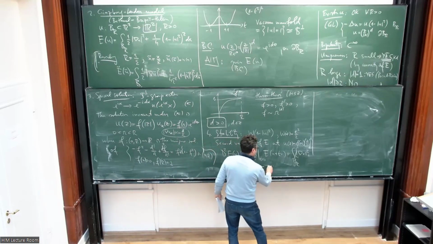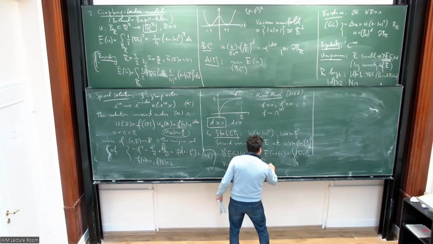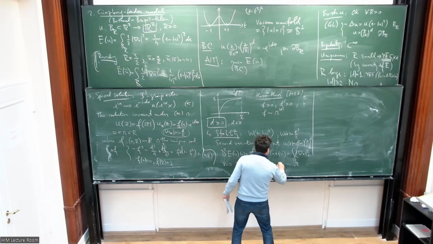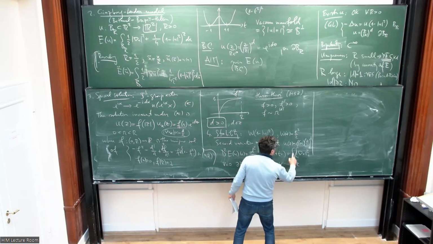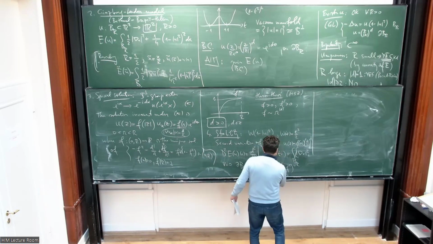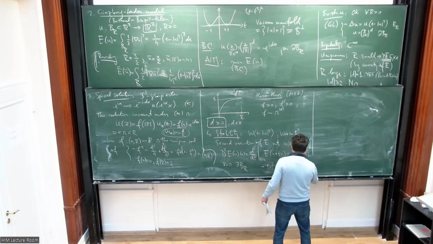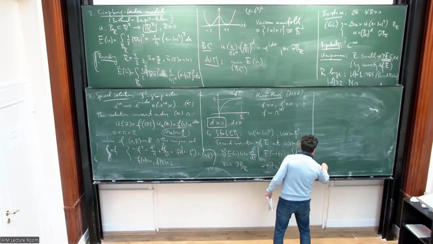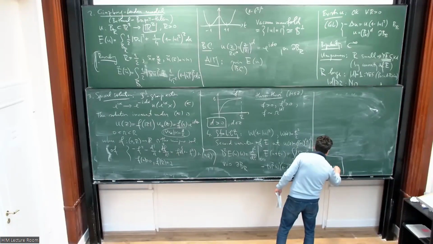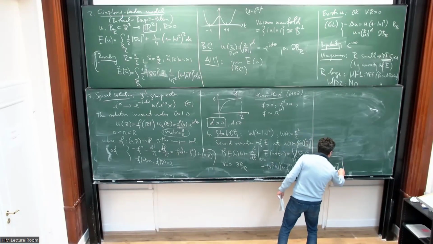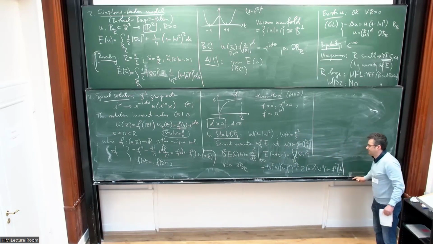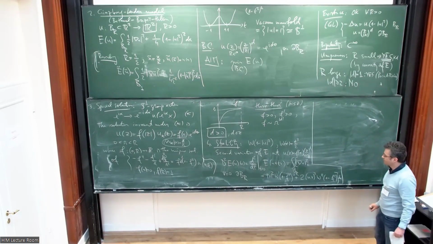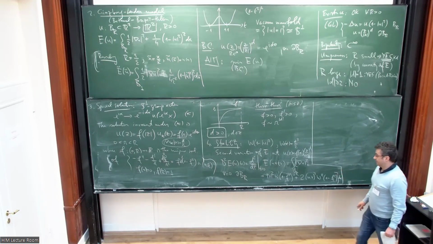So then you get something of the form v squared W prime(1 minus u squared), so if you want f squared. And then you have some contribution from W second, that's like 2u times d squared W second (1 minus f squared), and everything is dx. Okay, that's a computation you can do. You differentiate, and you get to this.